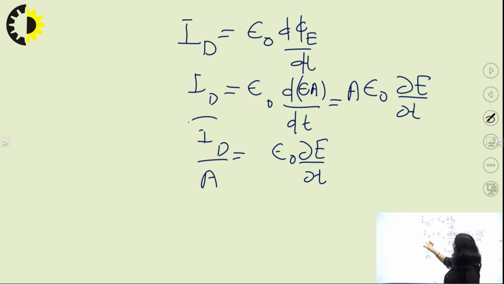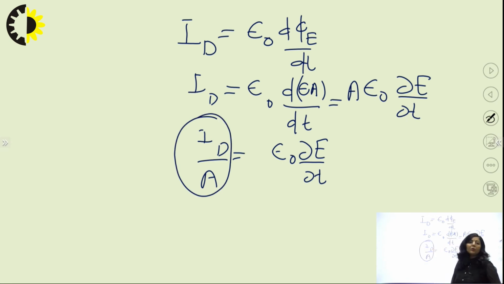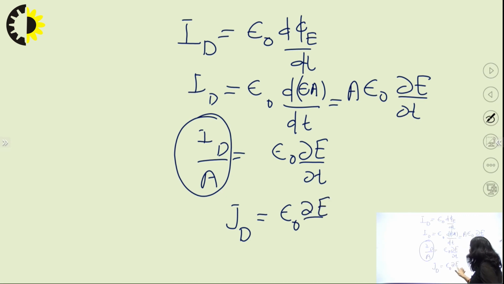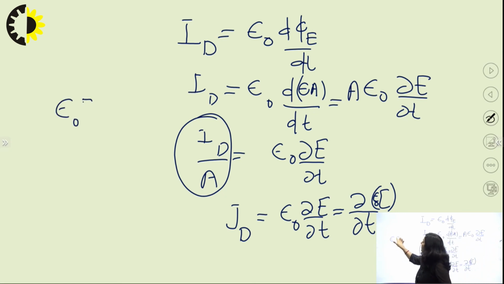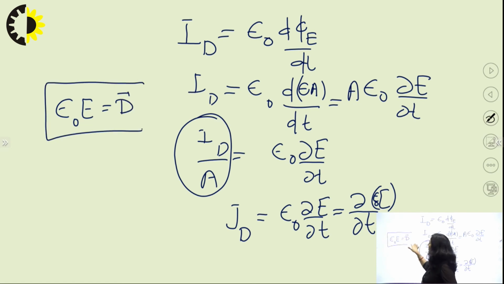And you know, current upon area represents current density. Since this current is displacement current, you can write it as JD. So this JD is epsilon naught del E by del T, or you can say this is del by del T of epsilon naught into E. And this vector epsilon naught into E is known as the displacement vector.